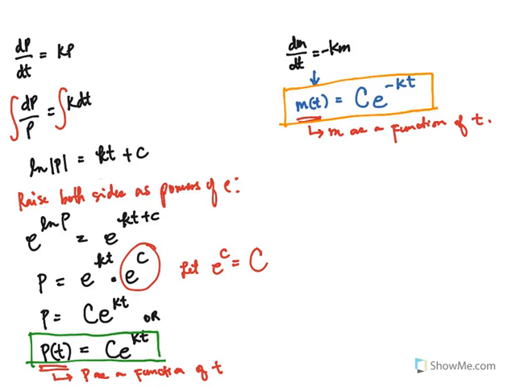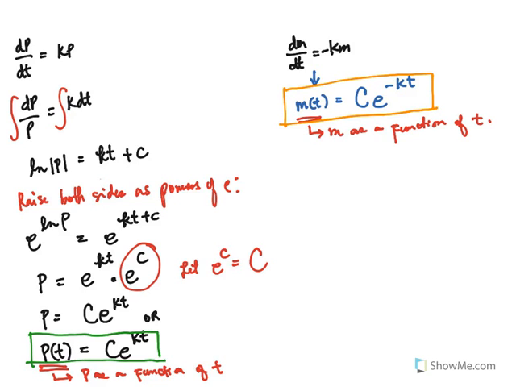Ibig sabihin, you have two given conditions at different values of time, and then two amounts or two populations, no?